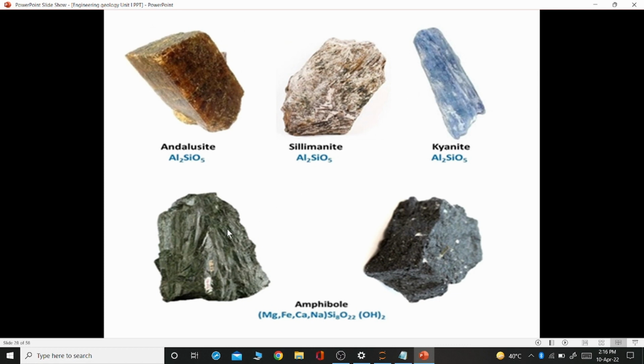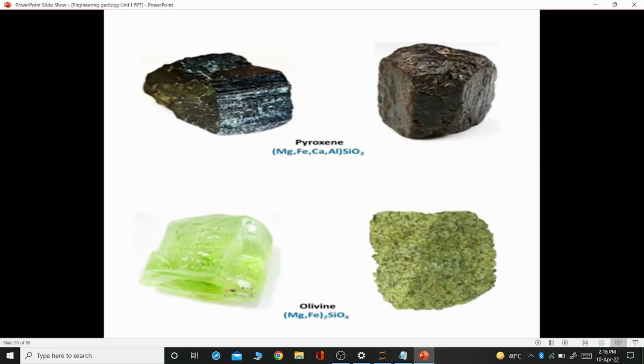These are amphiboles, containing magnesium, iron, calcium, sodium, along with silicon and oxygen. Then pyroxene contains magnesium, iron, calcium, aluminum in combination with silicon trioxide. Olivine: magnesium, iron in combination with silicon tetroxide.